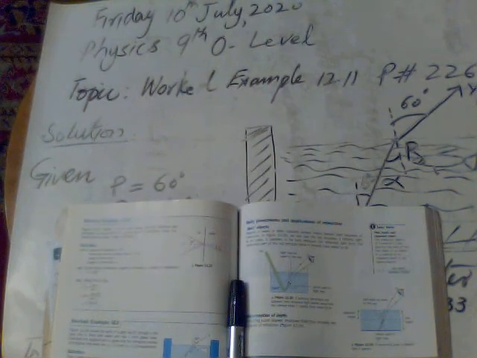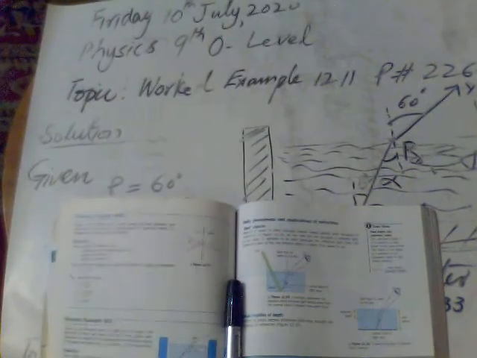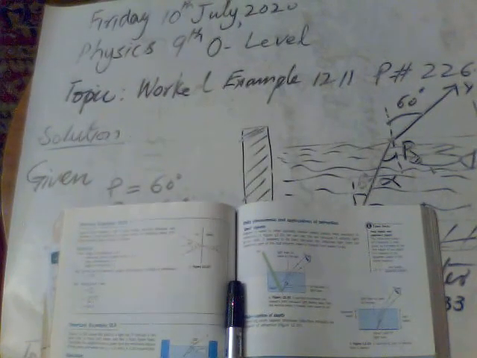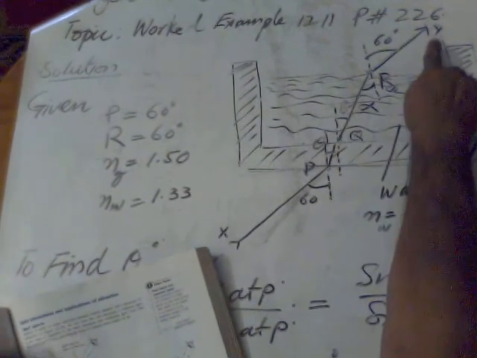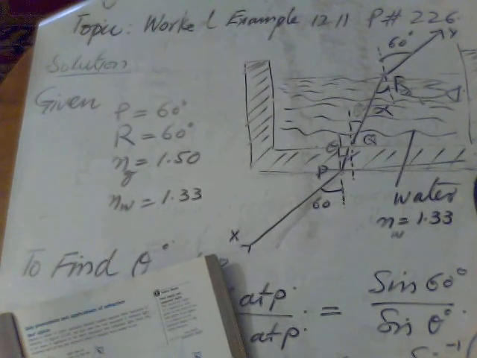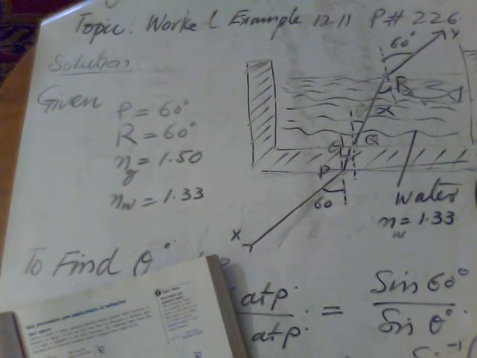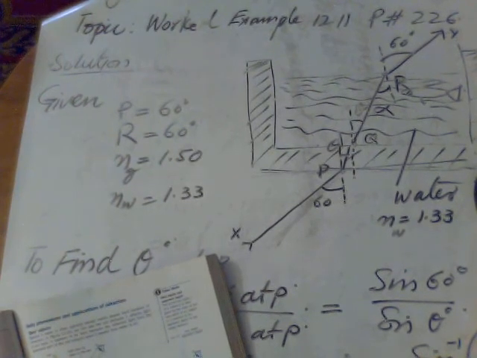Here in this example, the path of a light ray XY is shown through a fish tank that is filled with water and has a thick glass base.